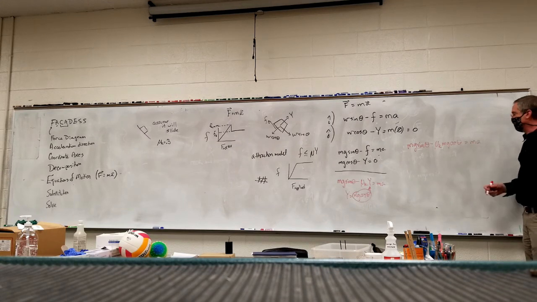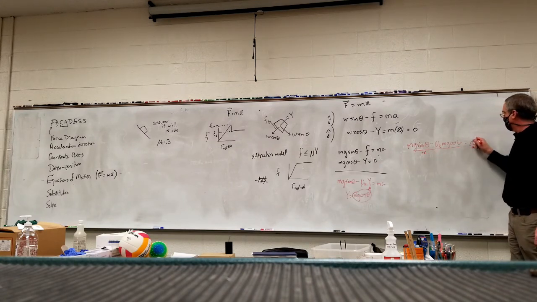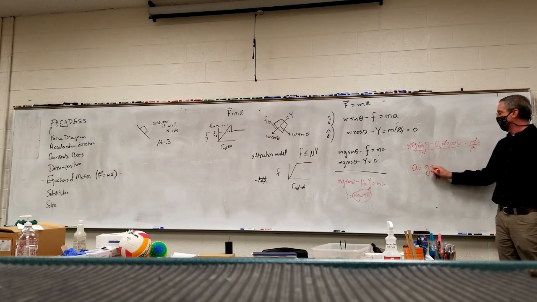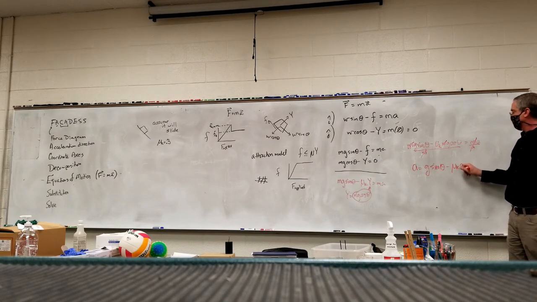Every term has mass in it, so if I divide by mass, they cancel, and then they cancel with that. And so my acceleration is g sine theta minus mu_k g cosine theta.